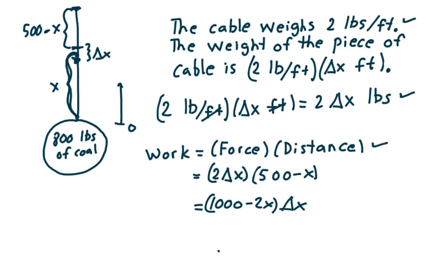So we're trying to find the work required to move that small slice of cable. The force is 2 delta x. The distance that that slice moves is going to be 500 minus x. And so rewriting this, we get 1,000 minus 2x, that quantity, times delta x.